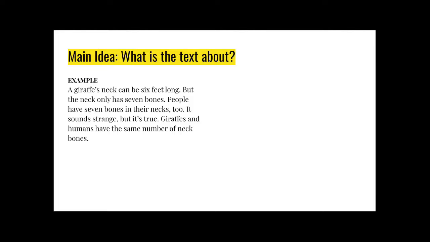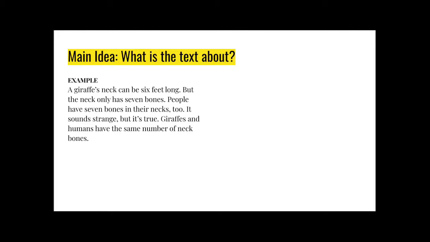Let's take a look at an example and see if we can determine the main idea of this passage. A giraffe's neck can be 6 feet long, but the neck only has 7 bones. People have 7 bones in their necks too. It sounds strange, but it's true. Giraffes and humans have the same number of neck bones.